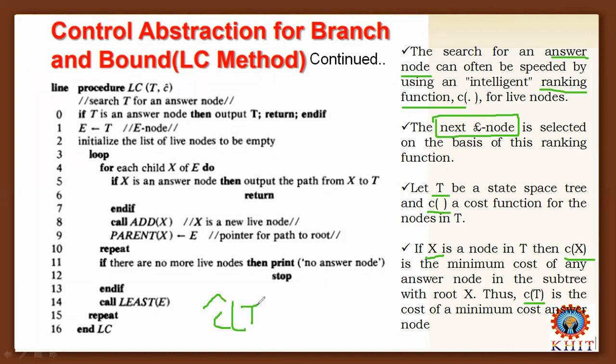That means for the given T, you will get the answer node. This is the procedure or algorithm which clearly describes step by step how to solve the least cost branch and bound technique.